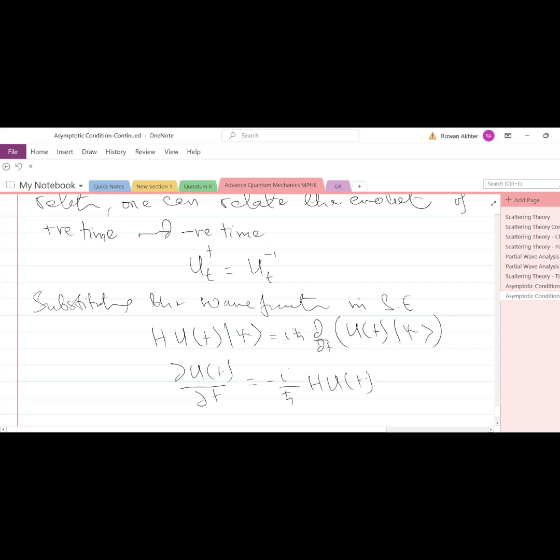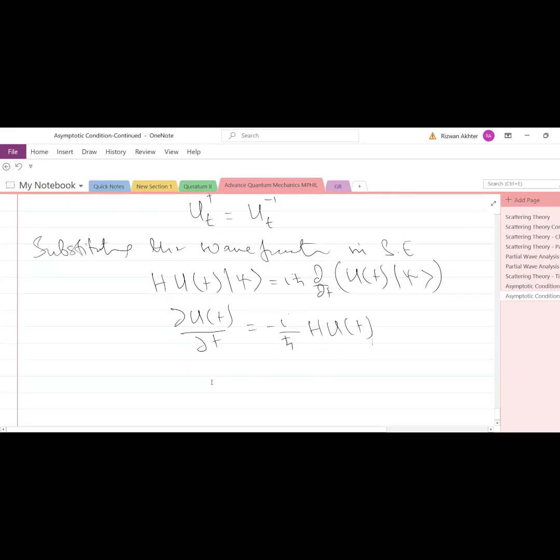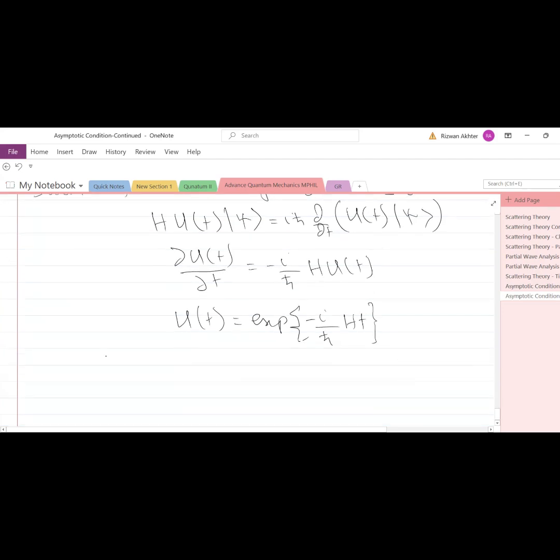And this comes out to be, if you remember, U of t equals the exponential function of minus iota over h bar H t, which is the time evolution operator for the full Hamiltonian, the total Hamiltonian.